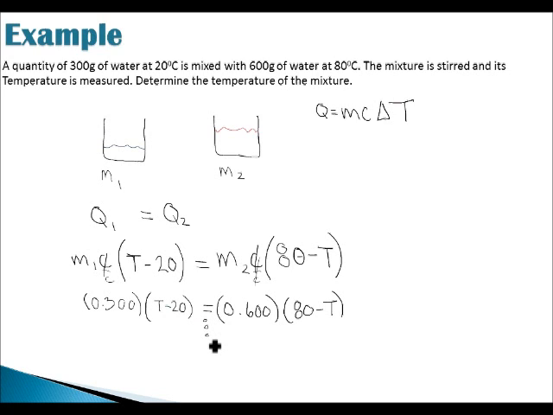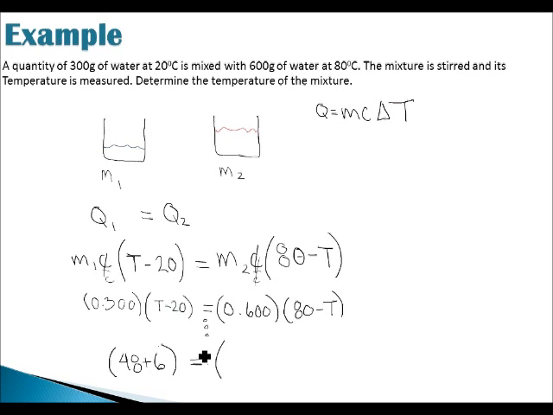If you want, you can go through all the steps to see where I get this answer from. What we are going to have is 48 plus 6, and that's what we get from 0.3 times 20 is 6, and 0.6 times 80 is 48.